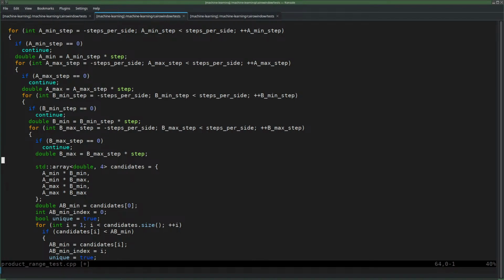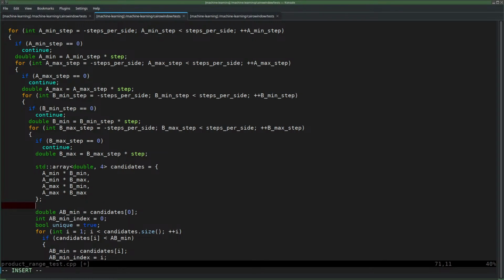And then assuming that A is in that interval and B is in that interval, then the product of A times B is going to be in some interval, obviously. So the question is, what is the minimum and the maximum possible value of that product?